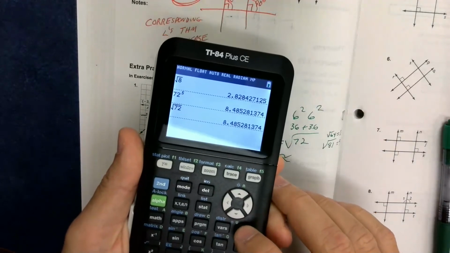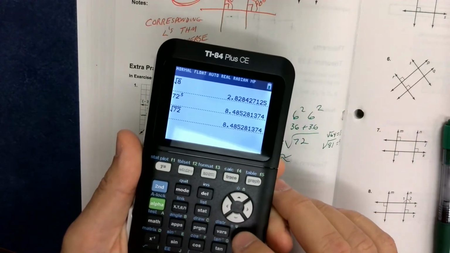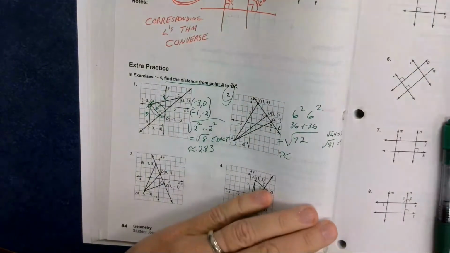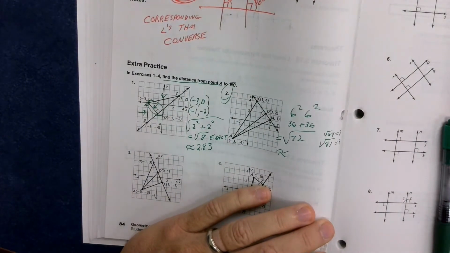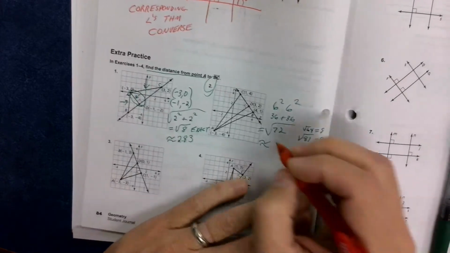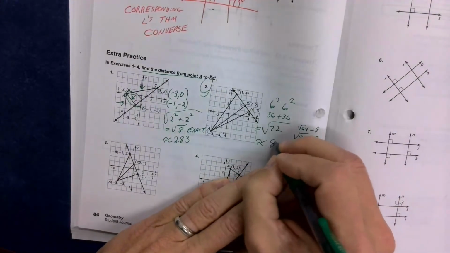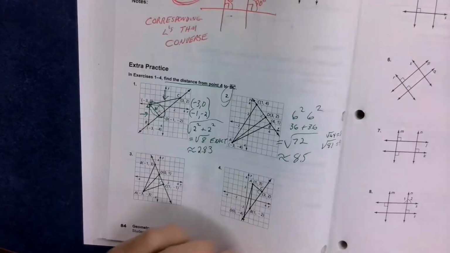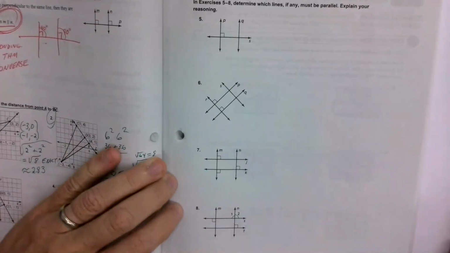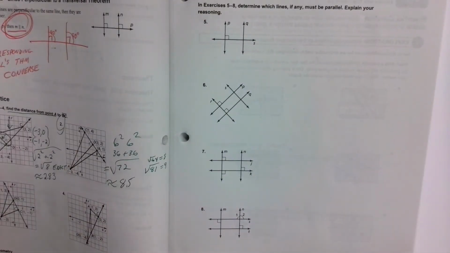I think you usually end up with less screw-ups when you do that. Okay. So again, that answer was 8.485, or approximately 8.5.